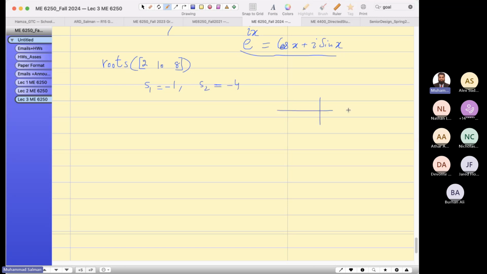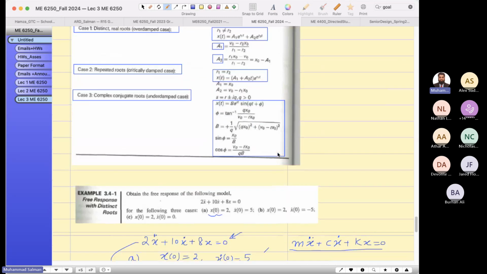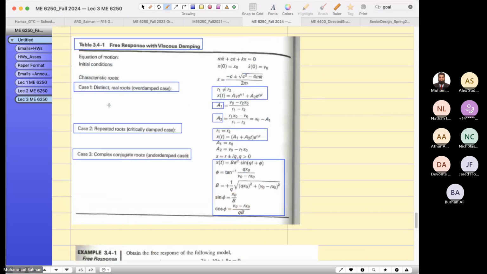And this is on the real axis on the Laplace plane. So this is -1, this is -4. So these are real roots, which is the overdamped case. And if we go to the table, real roots, overdamped case, we will use this formula to find the displacement.